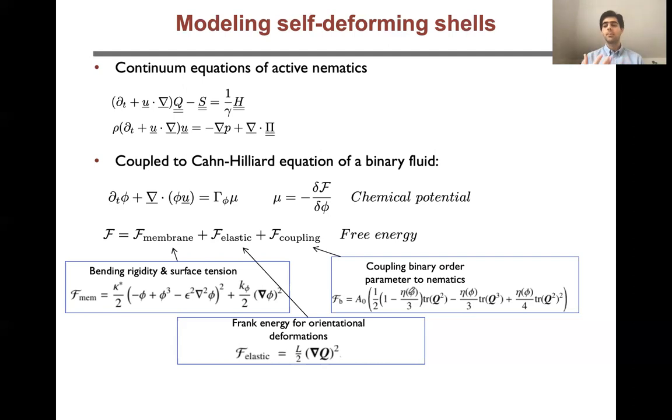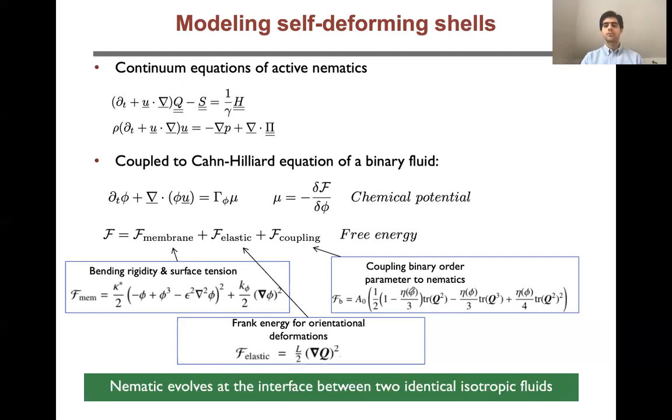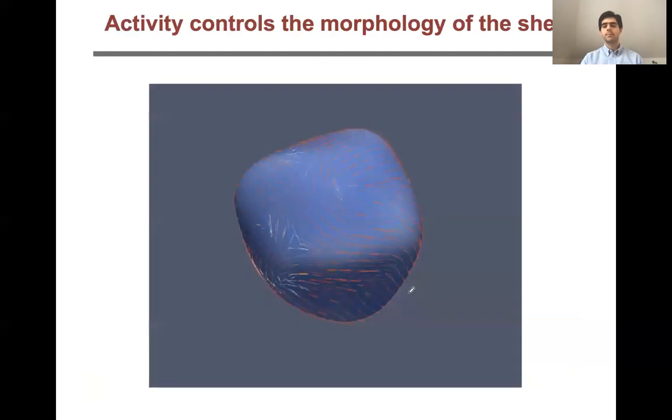Previously, we were doing the coupling such that one phase was active, one phase was inactive, and in between there was an interface. Now, we do the coupling such that only at the interface do we have the active material. By doing so, you can get patterns like this.